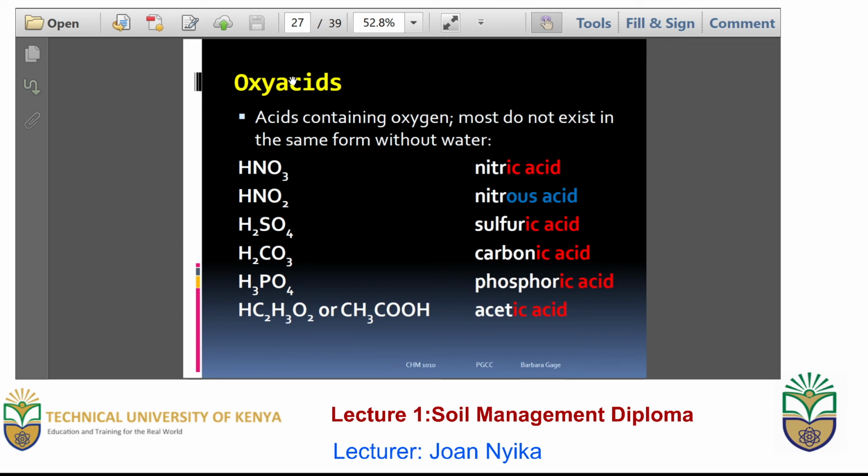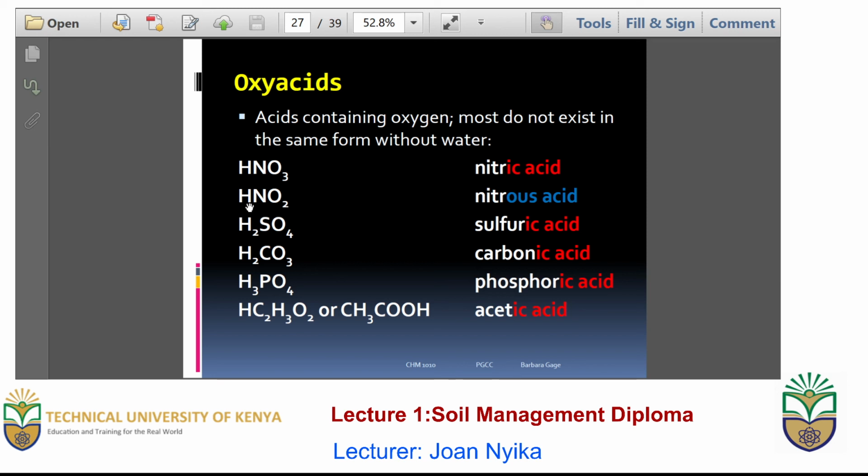When you look at the oxyacids, they are acids that contain oxygen. Most of them do not exist in the same form unless they are in solution form. For instance, hydrogen and nitrate form nitric acid.